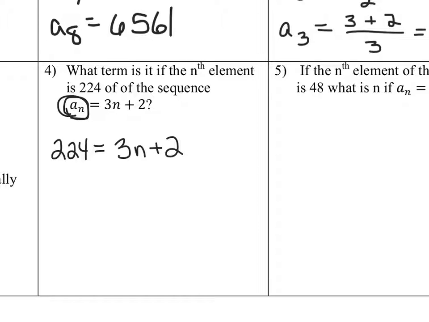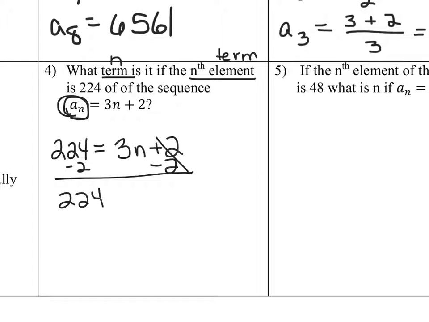What is that term number? Remember, the nth element or the nth term is the actual value when you plug it in. So we can just solve here. Divide by 3, and n is 74.